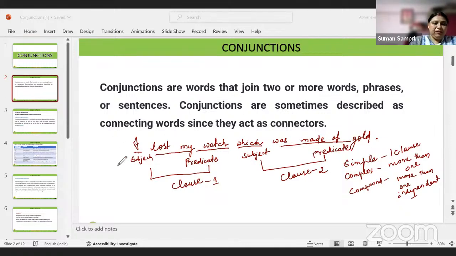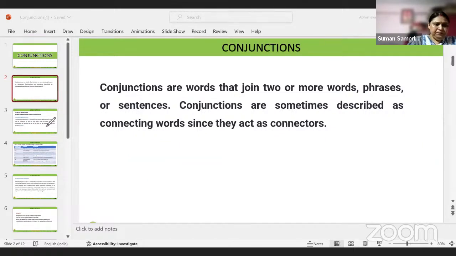We can read it later in the forthcoming sessions if required, but I don't think it is there in your Olympiad syllabus. So let it be. We just need to know the difference between clauses and sentences. A conjunction will also join two clauses. For that reason, I wanted to tell you this.